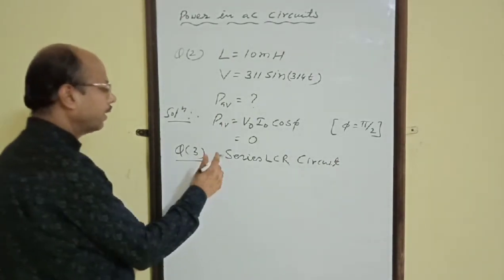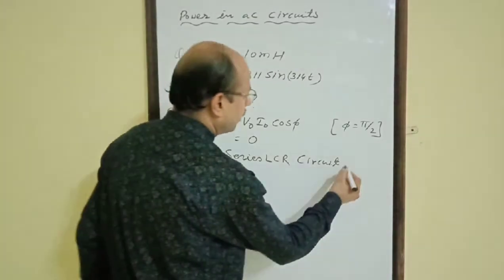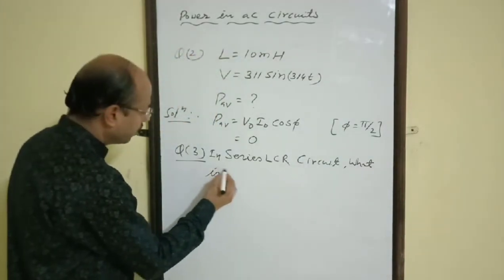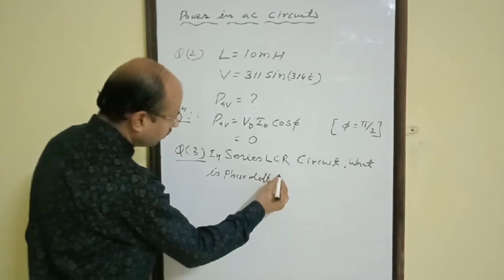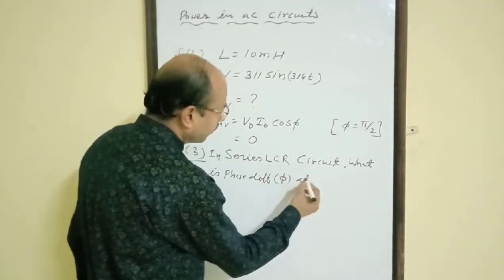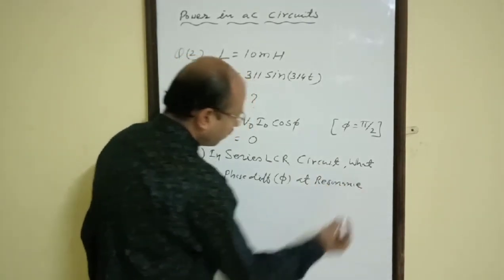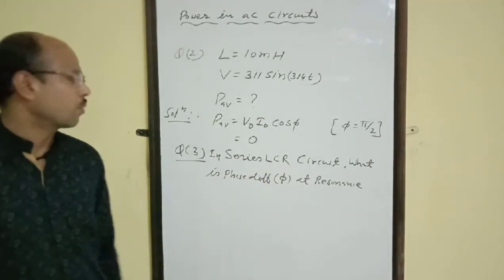The question is that in a series LCR circuit, what is the phase difference phi at resonance?